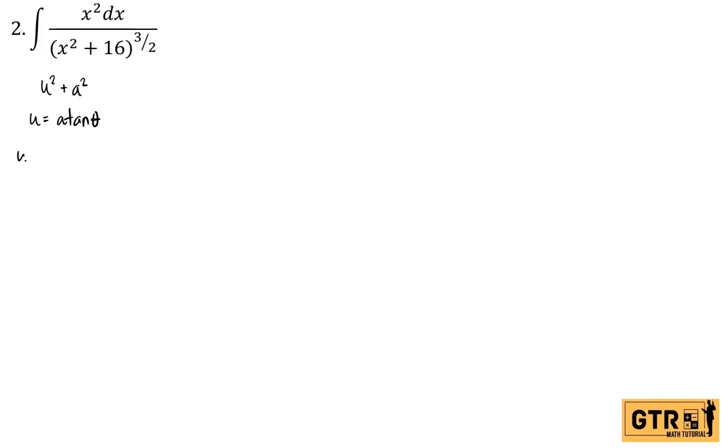We have u squared equal to x squared and a squared equal to 16. So just substitute x and 4. Therefore, x is equal to 4 tangent theta.